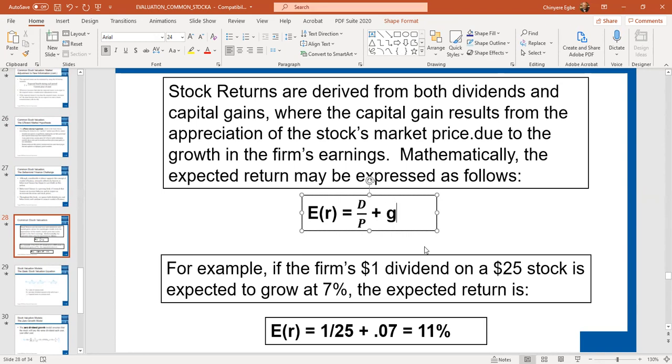Ordinarily, the dividend is the current dividend, and the price is the price of the stock, plus the expected rate of growth of the stock.